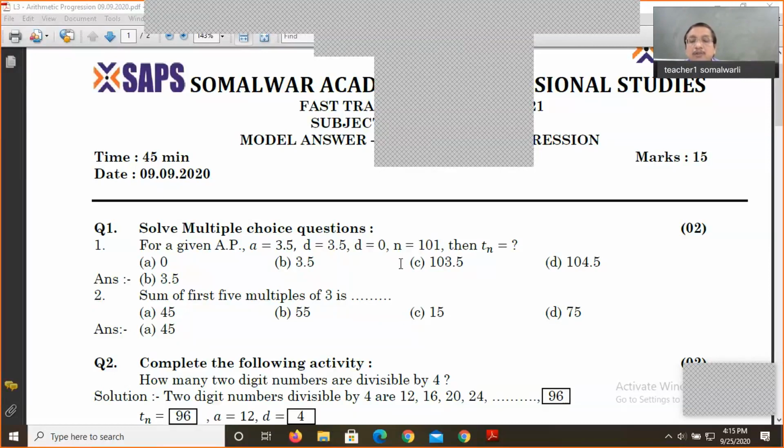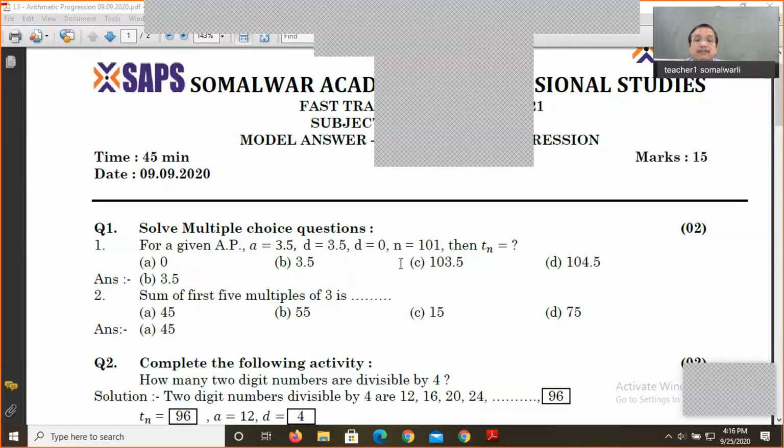If you go on adding first and last, second and second last, then the third will be the middle one. And you will find 3 plus 6 plus 9 plus 12 plus 15 is equal to, yes, you know it, definitely you should, it is 45. Option number A, 45.